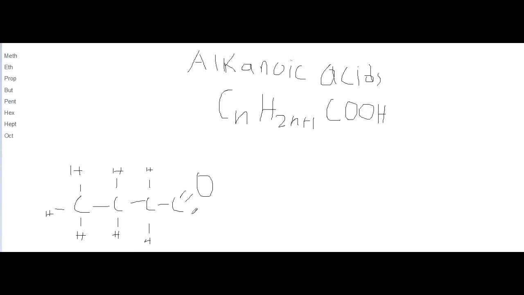And then we'd have a double bonded oxygen, and then oxygen bonded to a carbon and a hydrogen. And this right here is the carboxylic group that allows this to be an acid. It's a combination of what is known as a carbonyl group that we'll learn about at a different time, as well as a hydroxyl group.